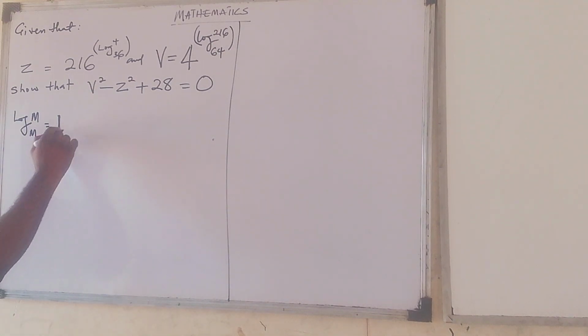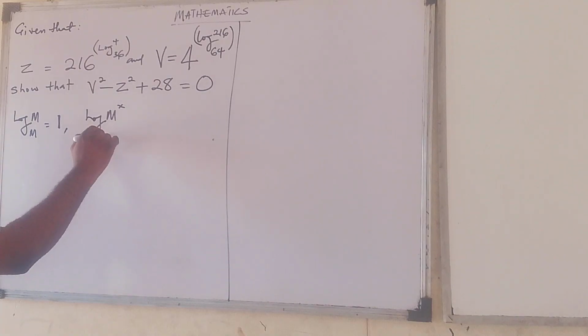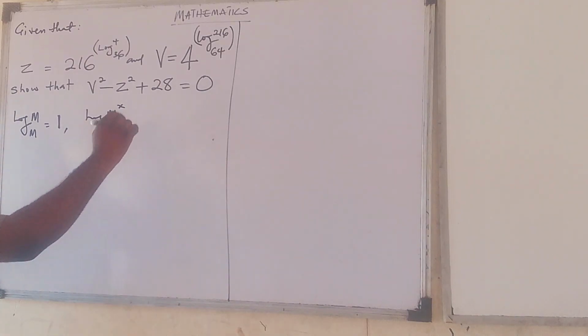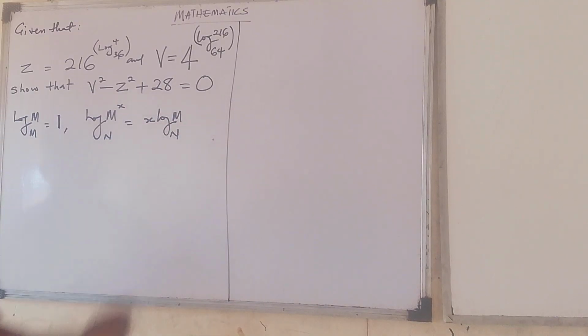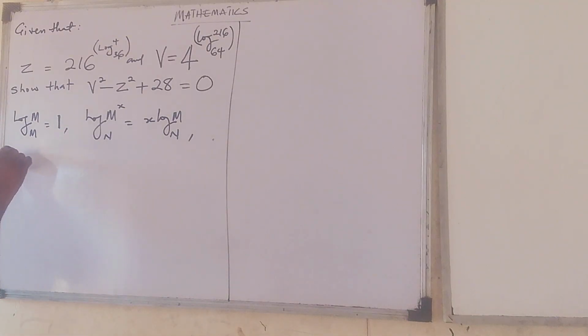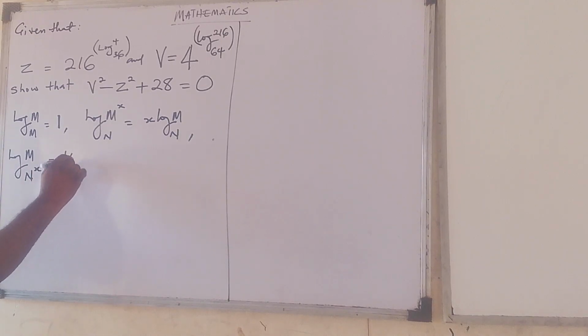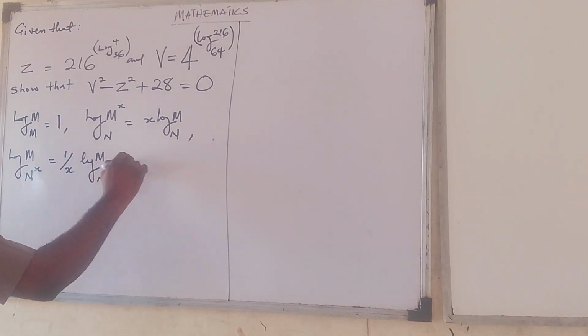And we also said that log m power x base n is the same thing as x log m base n. And we also have it that log m base n raised to the power of x gives us 1 all over x log m base n.